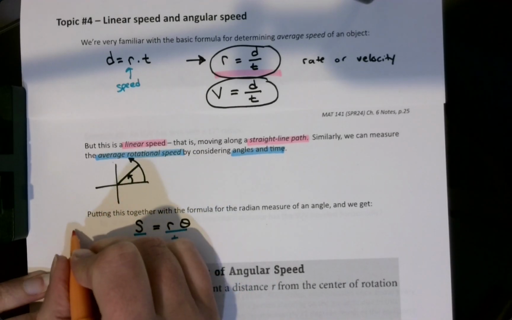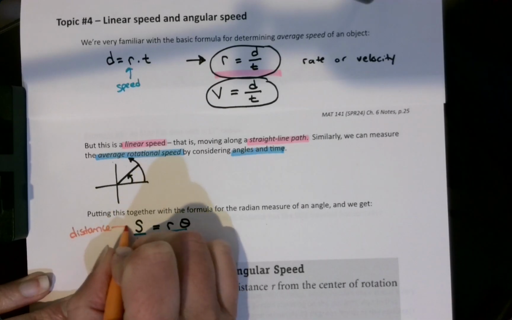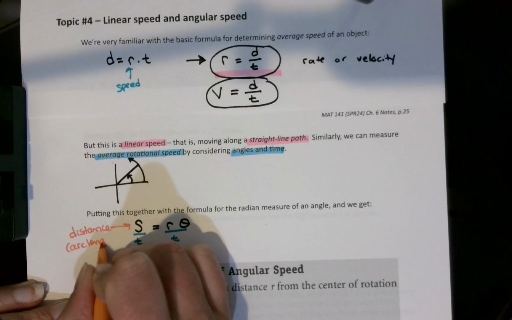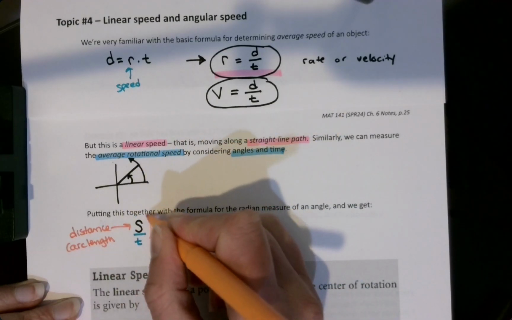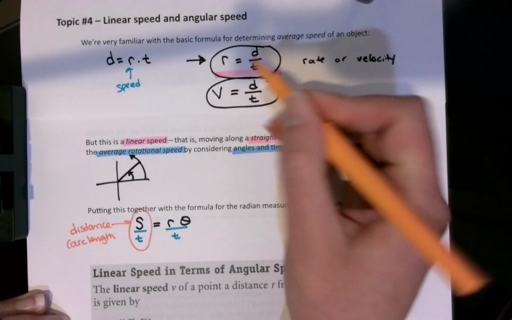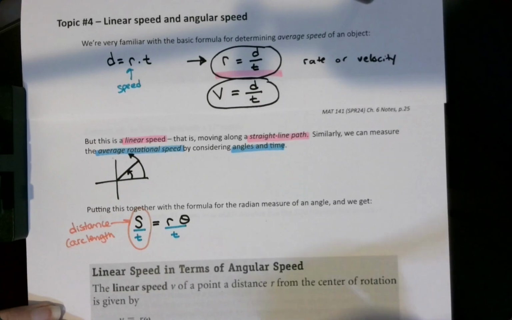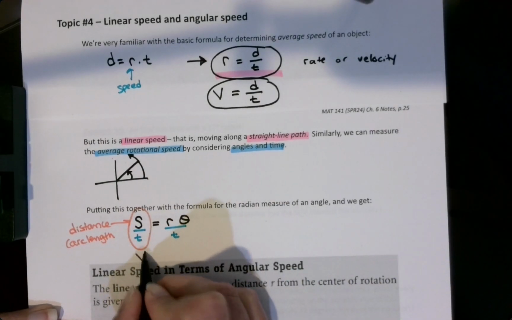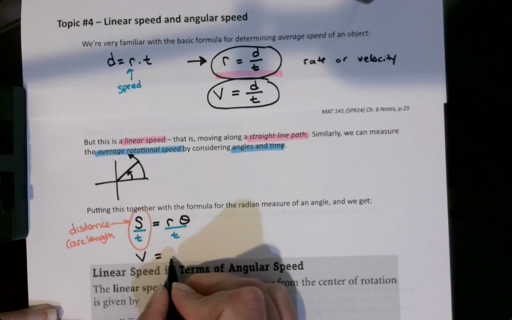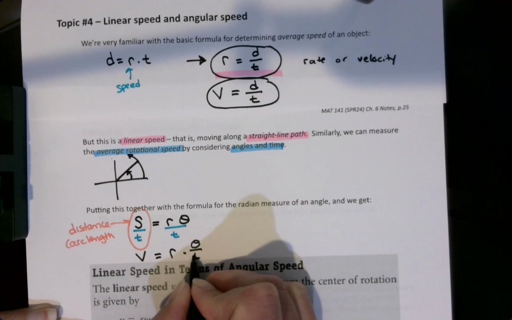Arc length is a distance. So what I have on this side by doing S divided by T is the same as distance divided by time. So this is a measure of velocity. So velocity or speed is equal to R times theta divided by T.